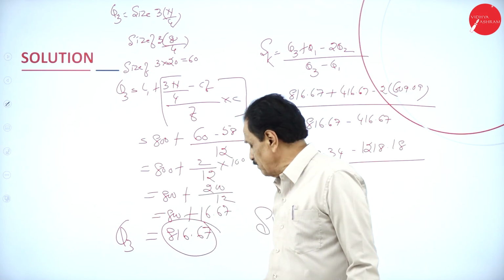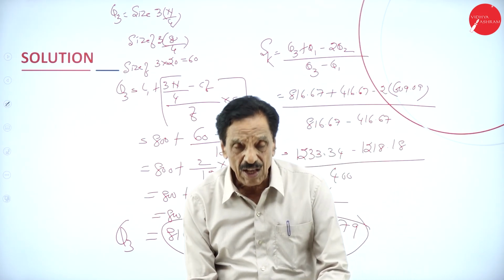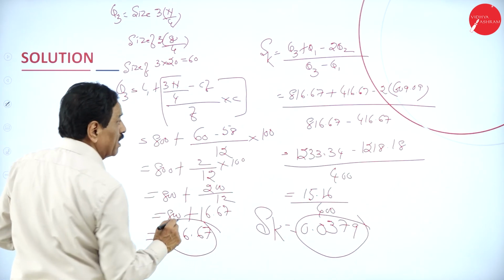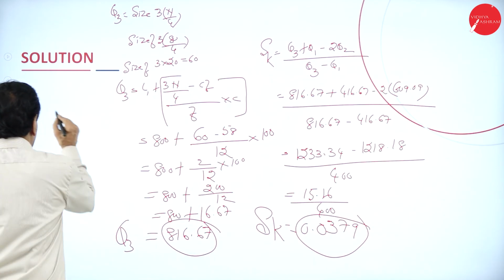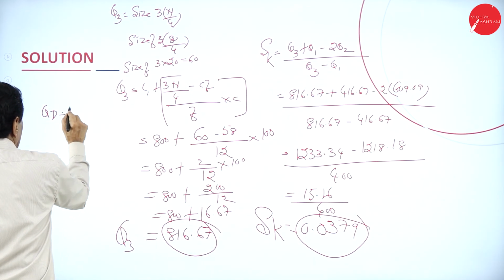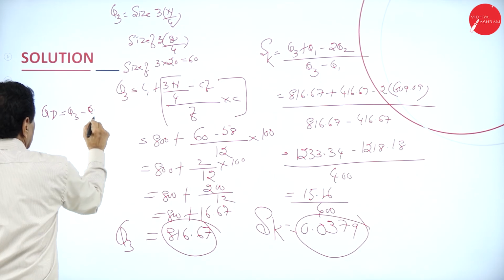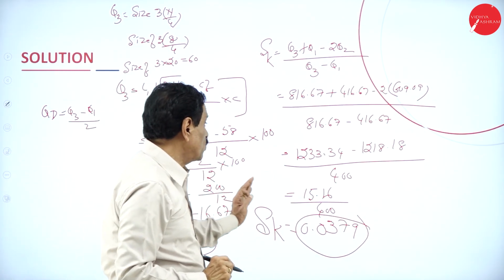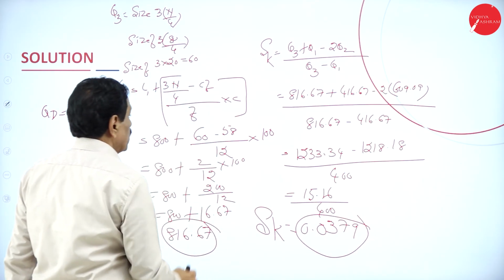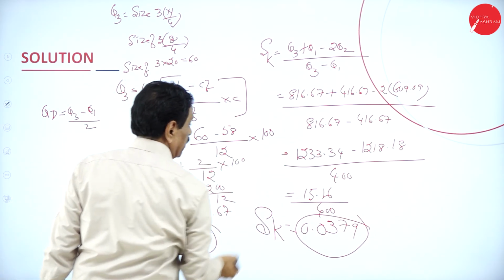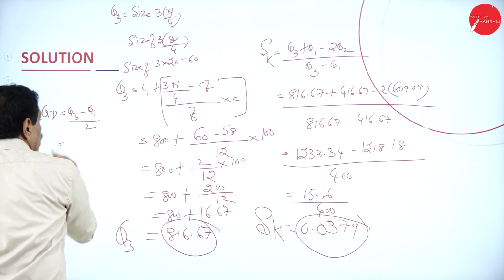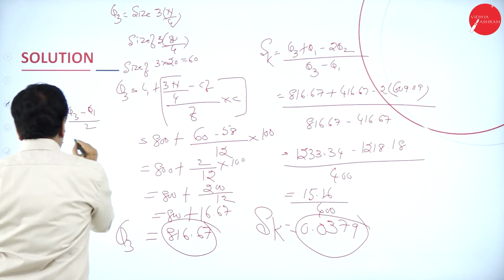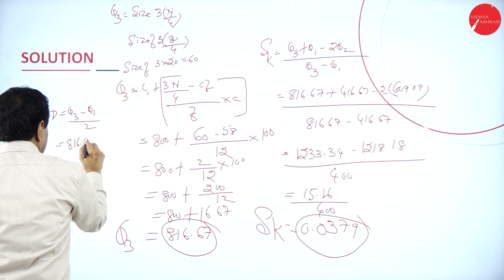By chance in the exam, if they ask along with the skewness the quartile deviation, the quartile deviation is equal to Q3 minus Q1 divided by 2. You already have Q3, what's your Q3? 816.67.